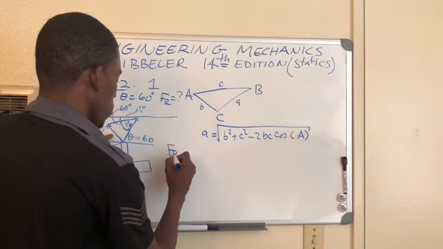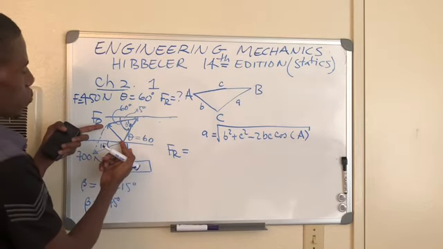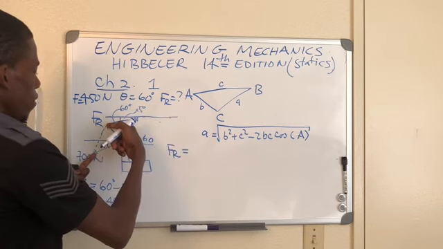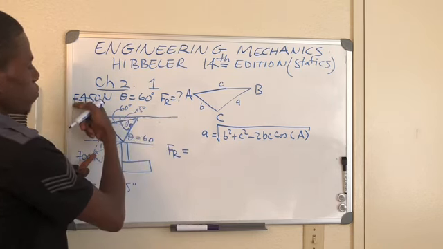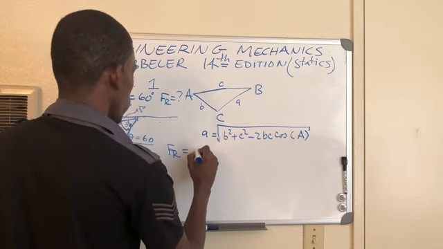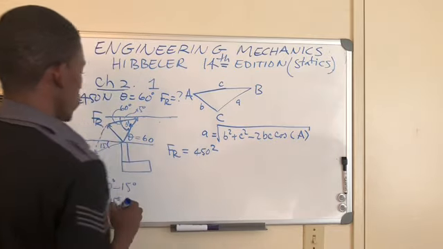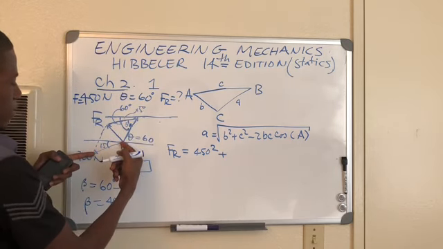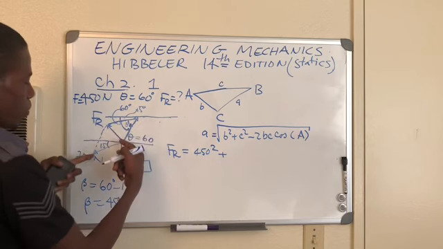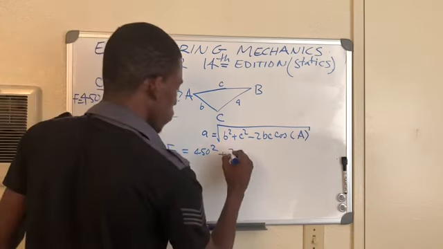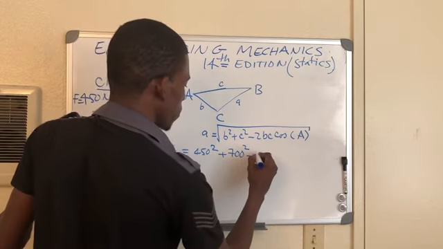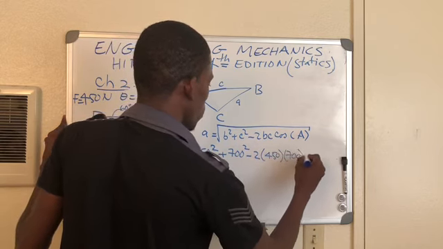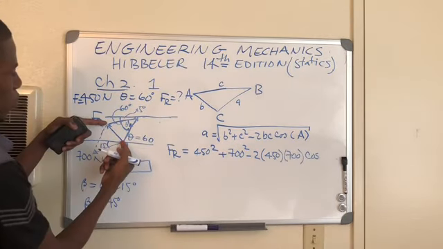The resultant force is equal to the square root of the sum of the squares of these two sides, 450 Newton squared plus this side, which has the same magnitude as the opposite side, 700 Newton squared, minus 2 times 450 times 700 times the cosine of the angle right in front of it.